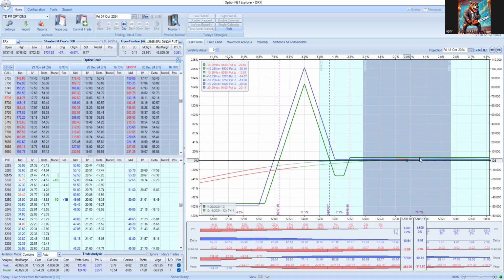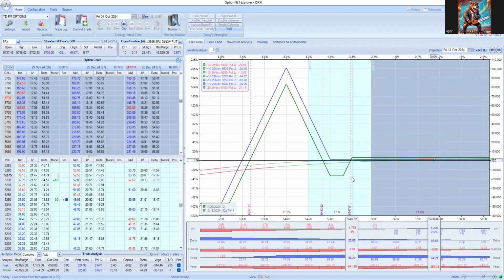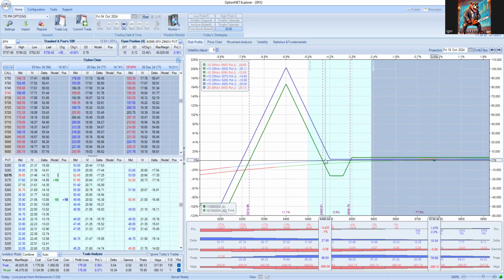I am increasing my potential reward to the right of the structure, which is good. I do have this small little area where if we end up somewhere between 55.50 and let's call this 54.85 at expiration, I have a problem here. Right. But again, I don't think it's a big problem because we're not looking to hold this position until expiration.